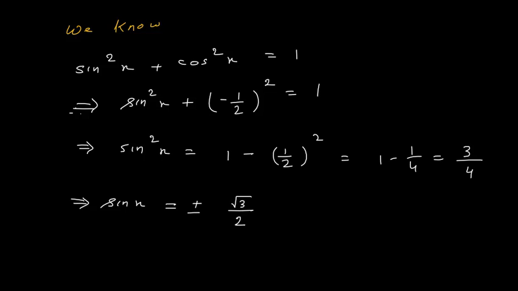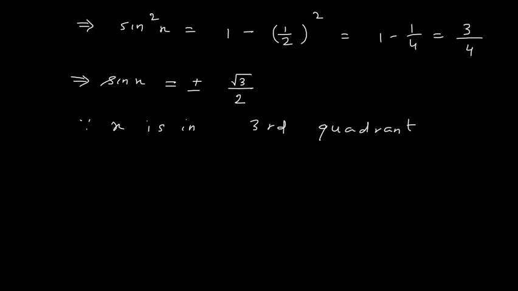Now since x is in the third quadrant, the value of sin x will be negative. So we have sin x is minus root 3 by 2.